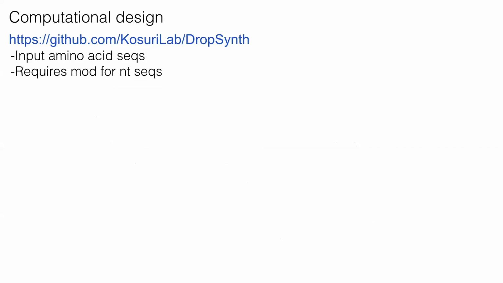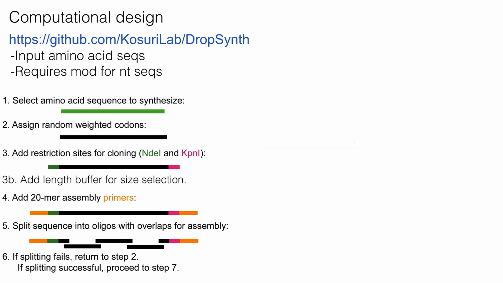The only other thing I want to mention with these scripts is that they take input as amino acid sequences in the form of FASTA files. They do require a small modification in the case where you're not working with protein sequences and you need to assemble just nucleotide sequences. Very quickly, the way the script works is that it takes an amino acid sequence and assigns random weighted codons based on a codon frequency table from the particular organism you're targeting.